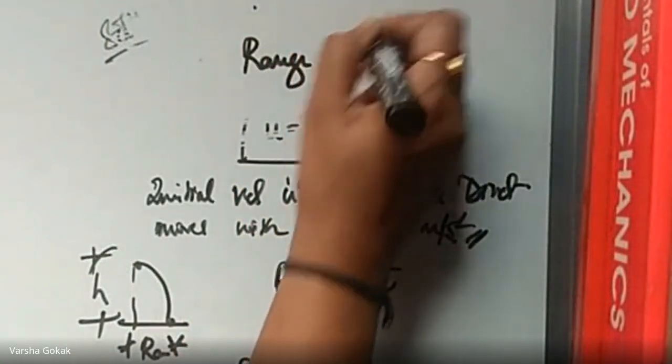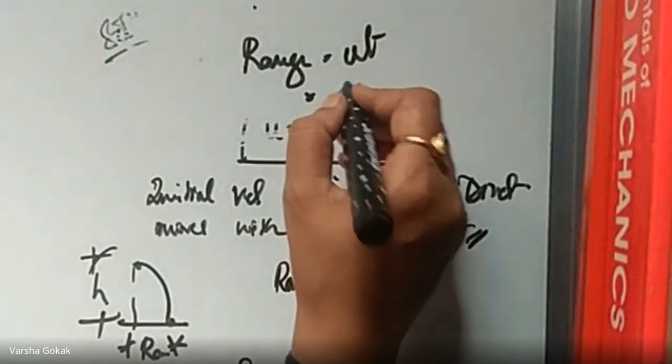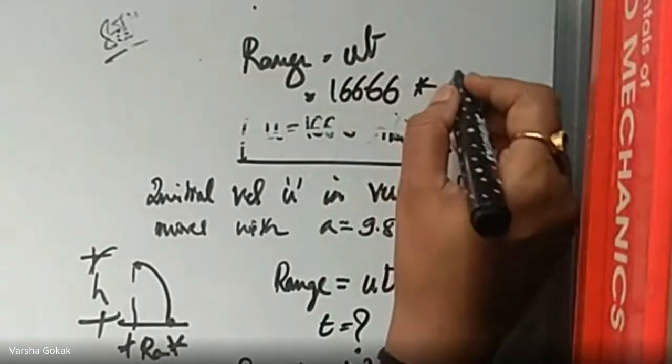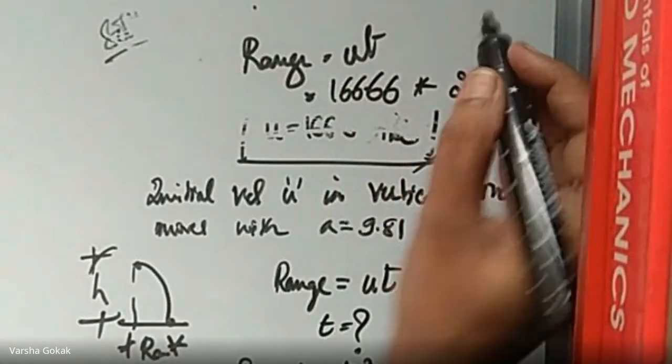What is the equation for range? Range is equal to U into T. U I know, that is 166.66, into T which is 20.19.